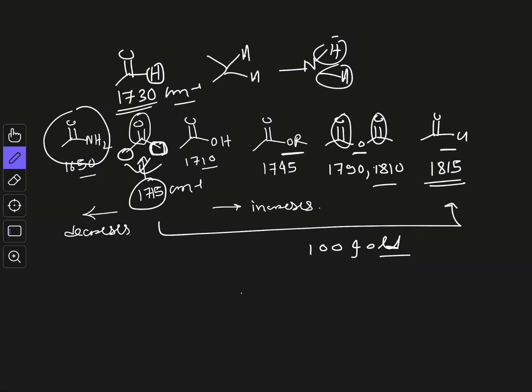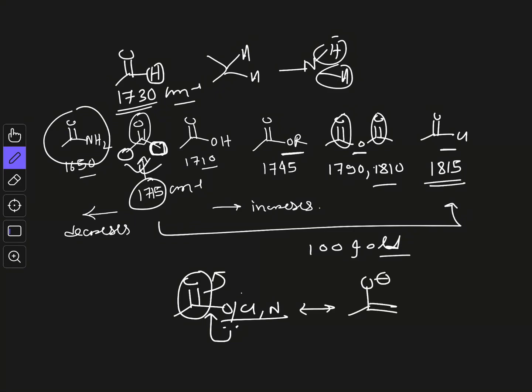Now when you put any group, let's say oxygen or chlorine or nitrogen here, depending on whatever group you are putting, it exerts some electronic effect on this carbonyl group. All these groups, oxygen and nitrogen, have lone pairs and they push electrons into this carbonyl group, so you will have a resonating structure like this.